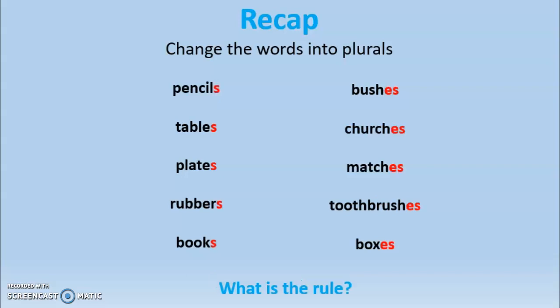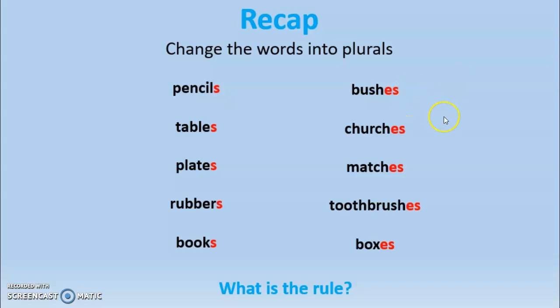So how did you get on with that? So here we go. I've changed all of these into plurals now. You can see pencils just has one phoneme sound, one phoneme at the end. Tables, plates, rubbers, books. On this side, it's got the sounds that we learnt yesterday.